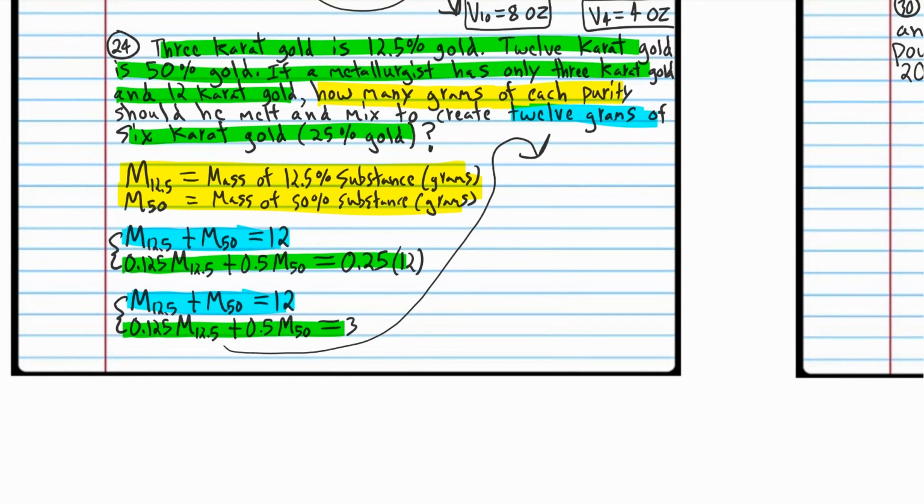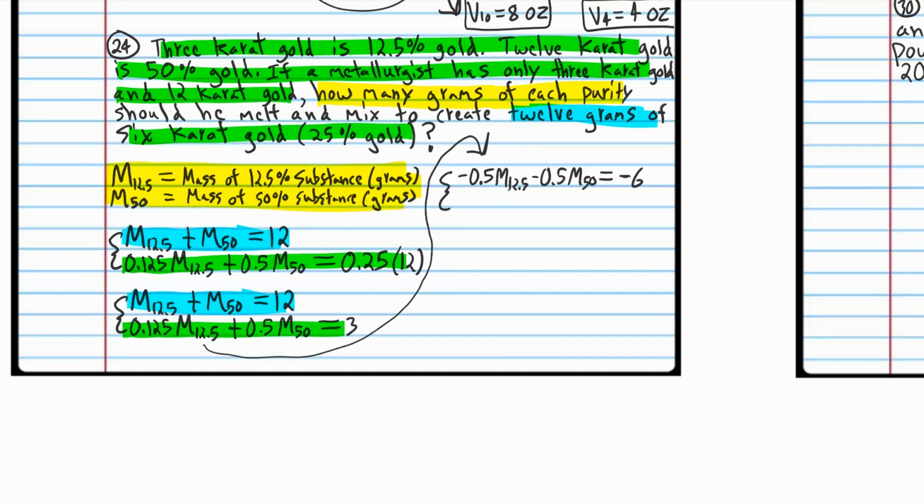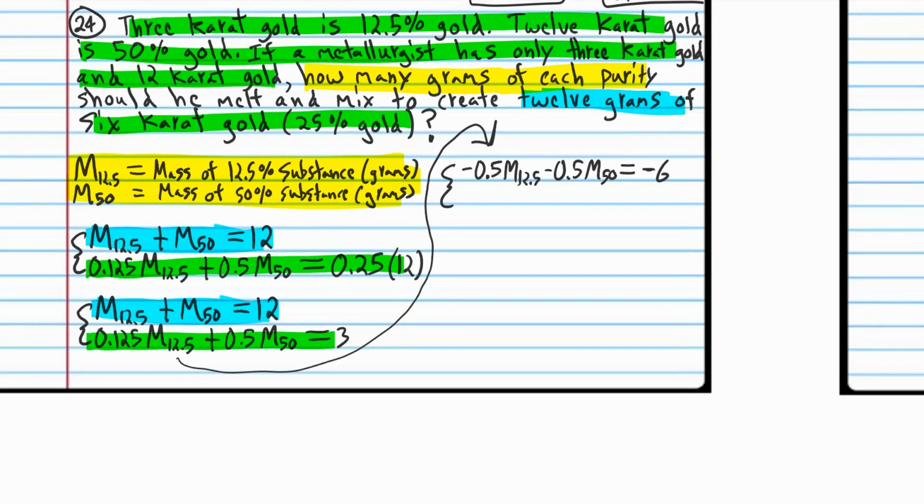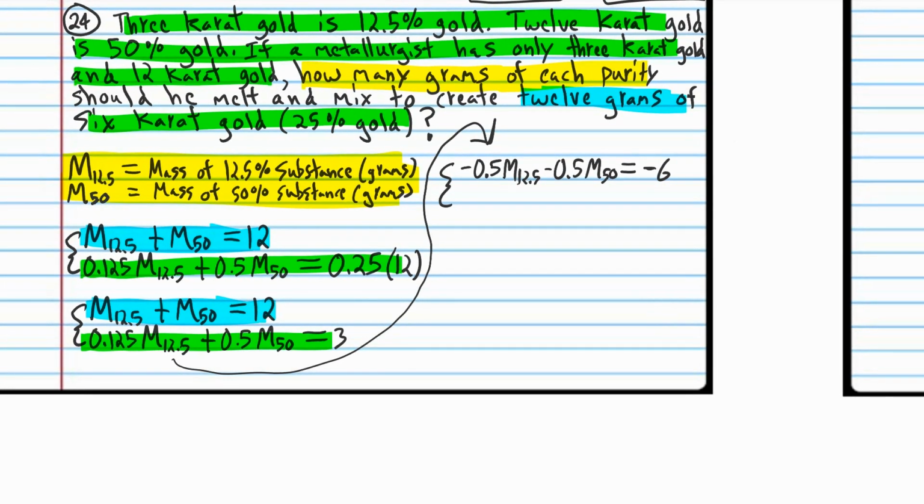And I'm going to multiply. I think I'm going to try to eliminate M50. So I'm going to multiply both sides of the blue equation by negative 0.5. And we get negative 6 on the right side of the equation. 12 times negative 0.5 is negative 6. And so that's the blue equation. I'm just going to rewrite the green equation. And so now we can eliminate, add the equations together.